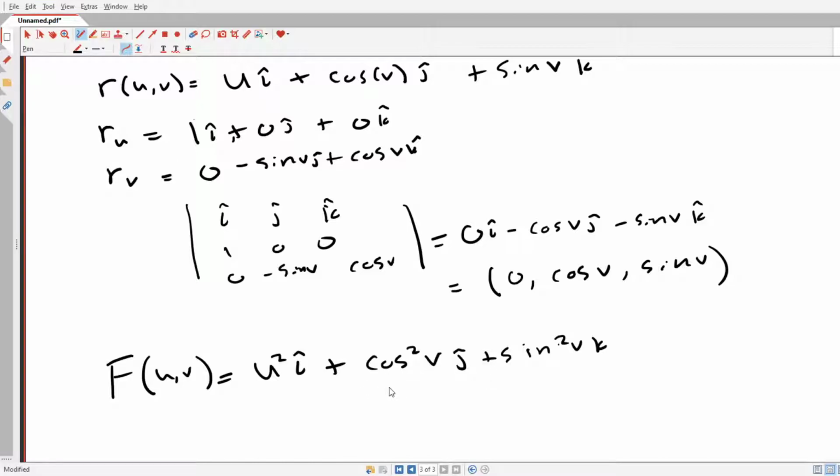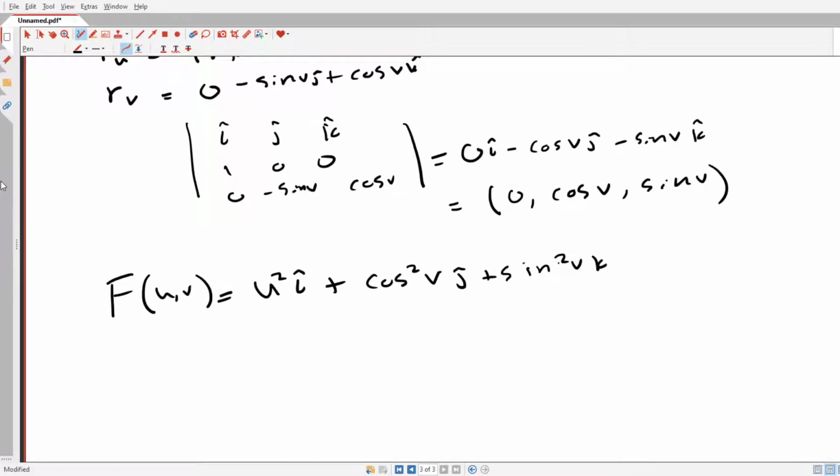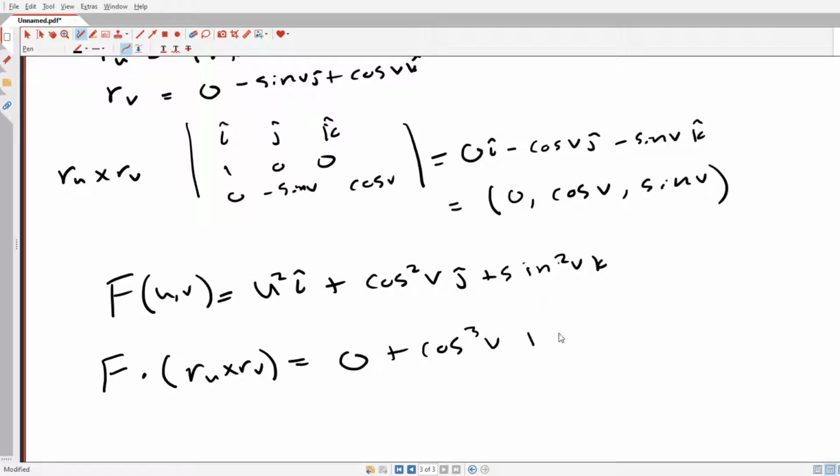Now this right here is Ru cross Rv. So if I do F dot Ru cross Rv, I end up with 0 plus cosine cubed v plus sine cubed v.